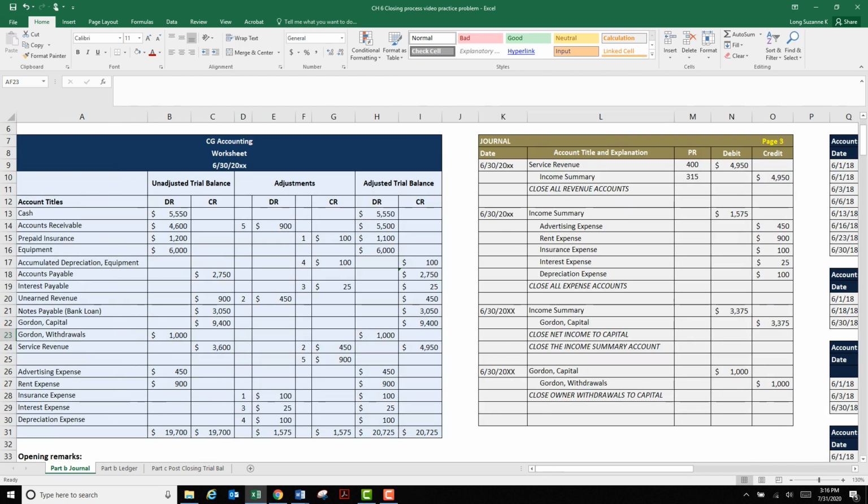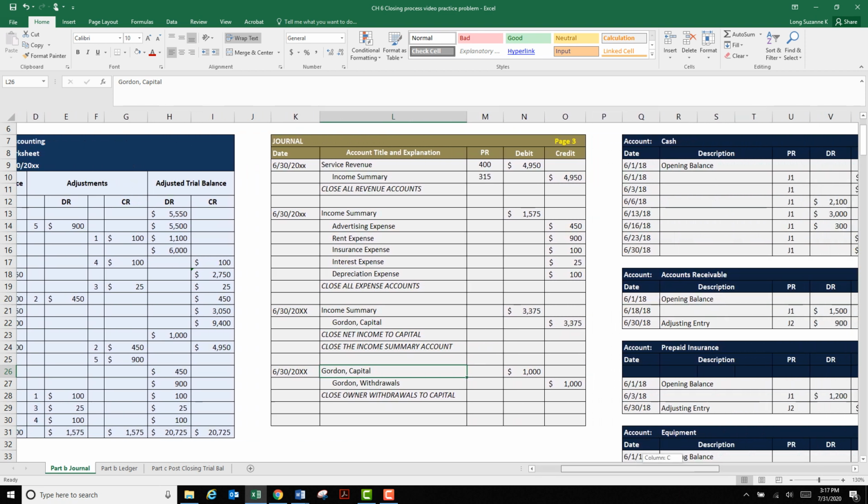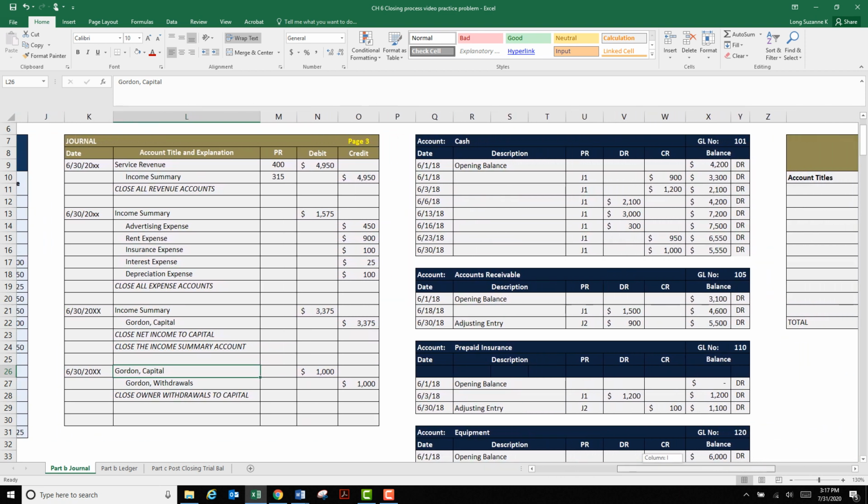All right, so we looked at where we were. We found our revenue, we found our expenses, we found our withdrawals, and we took care of our 4 closing entries. So the next step is to post those closing entries.